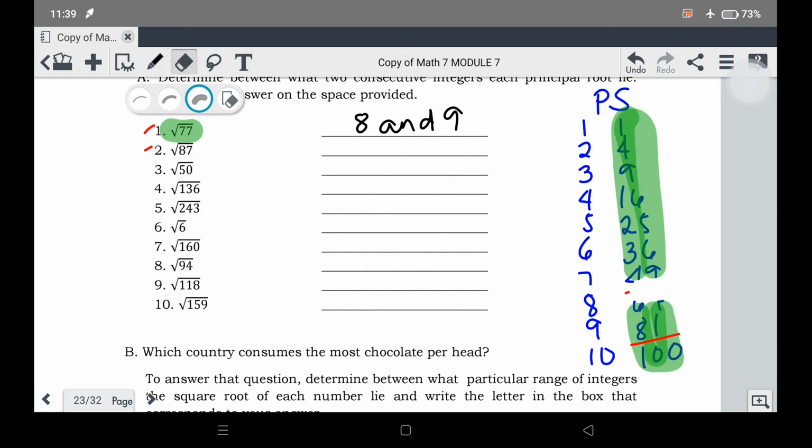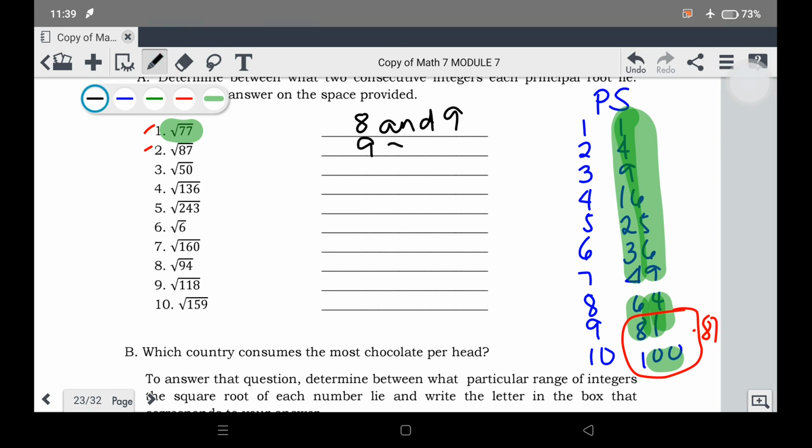Next we have 87. So we know that 87 can be found between 81 and 100. So therefore our answer will become 9 and 10. Okay. Then you will do the rest of the items.